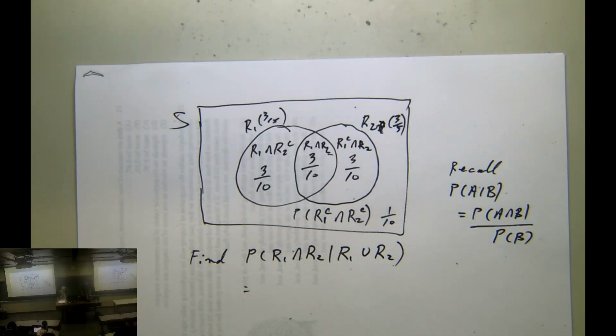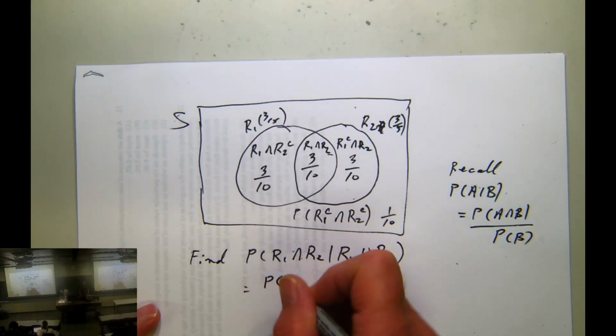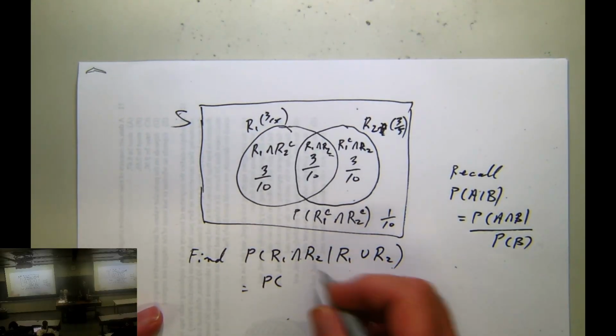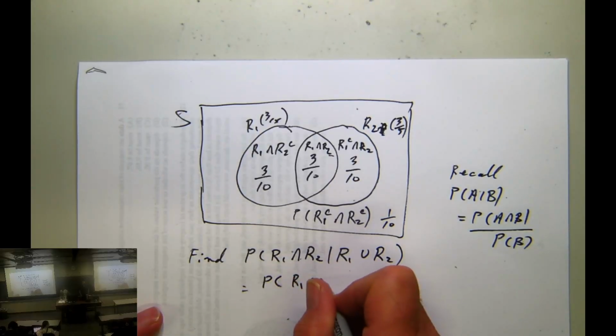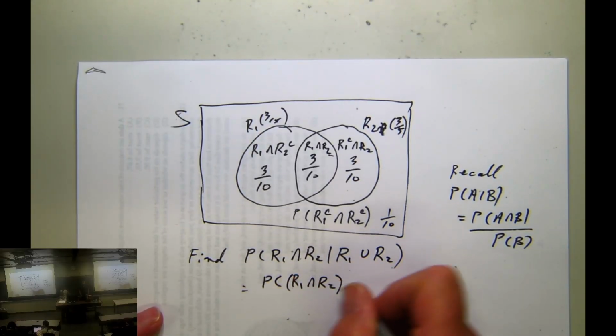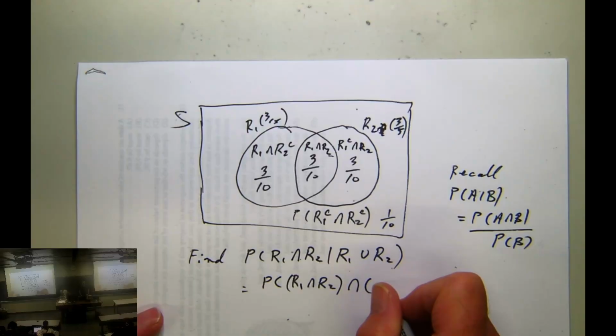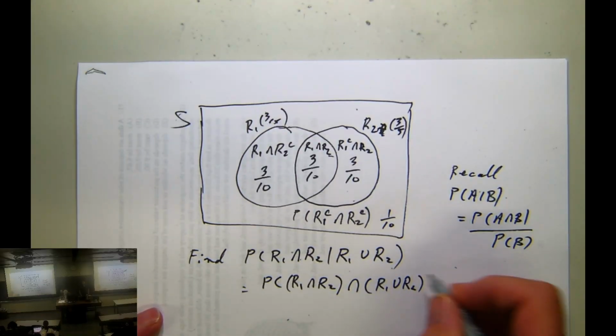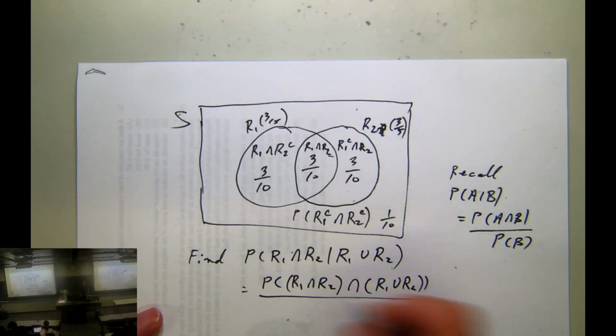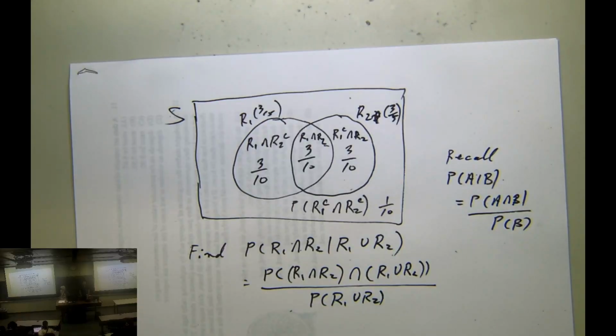And so what am I going to do with that? Well, I'm going to take R1 intersect R2, and I'm going to intersect it with R1 union R2. And then that's going to be divided by the probability of R1 union R2. Holy crap, what a mess.